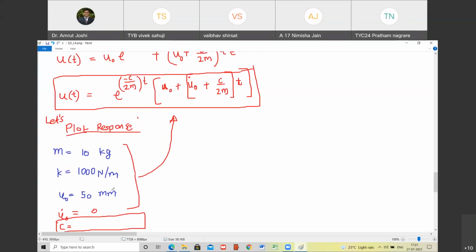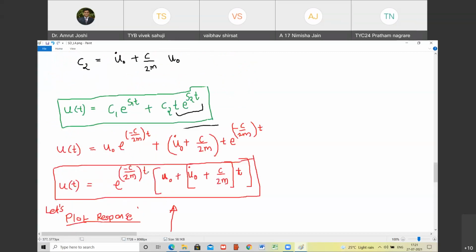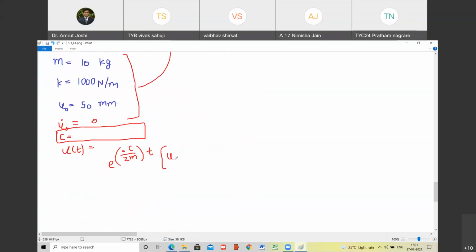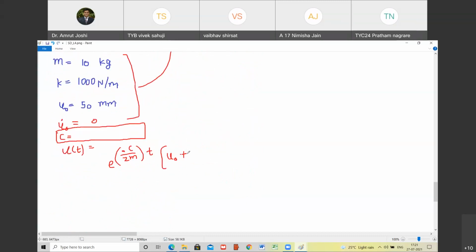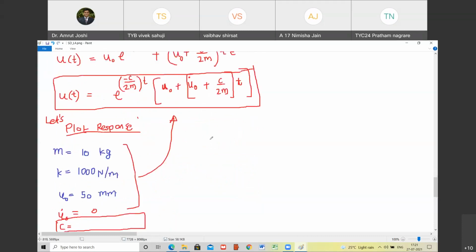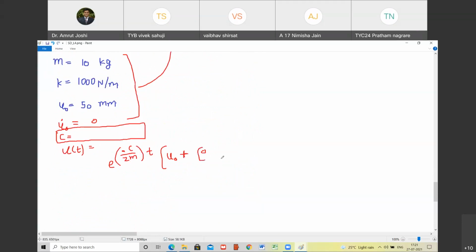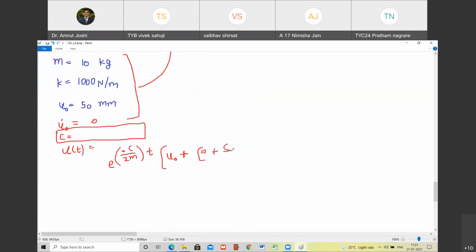So e raised to minus c upon 2m times t, into bracket u0 plus u0 dot, which is 0, plus c upon 2m, c upon 2 into 10, because m is 10 now, times t.